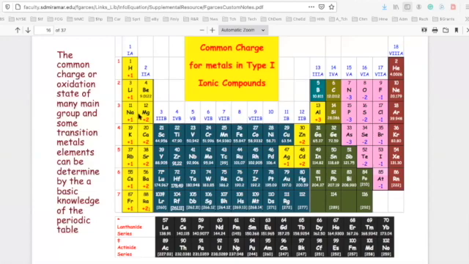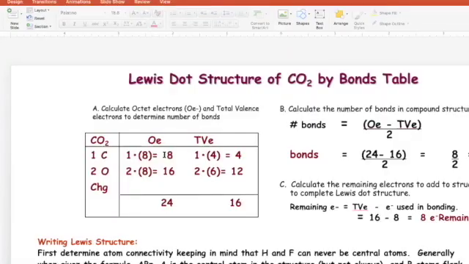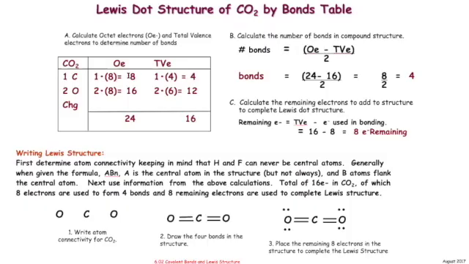Argon has 2 in the s orbital, 6 in the p orbital. Krypton has 2 in the s orbital, 10 in the d orbital, 6 in the p orbital. But the very last shell has 8. When you have 8 electrons in its very last shell, it has the same number of electrons as a noble gas. It gives it added stability. That's the octet rule. That's where 8 comes from.